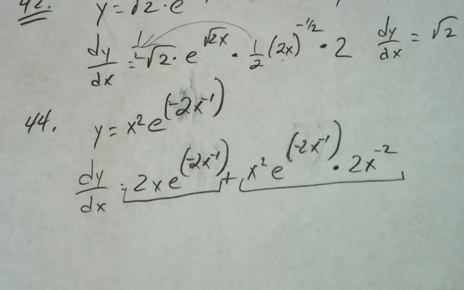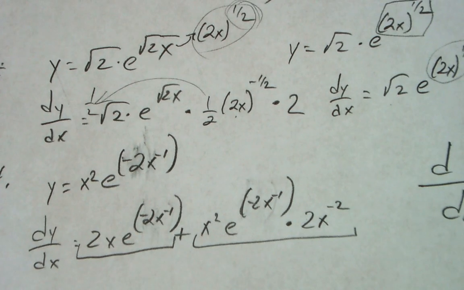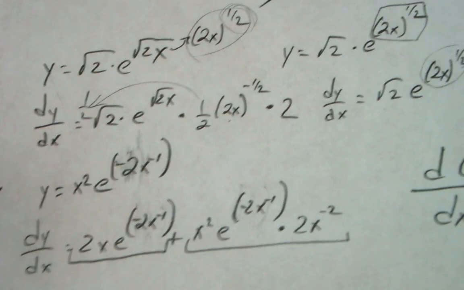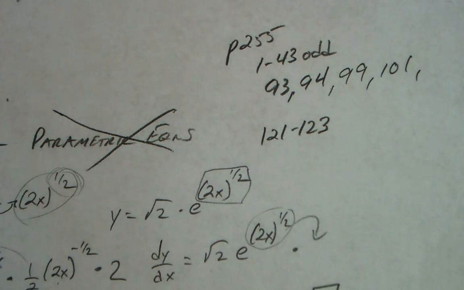Yes? With the one before, since there was a function inside, you multiplied by 2. Why didn't you do that for this one? These are great questions. I'm going to try and colorize this a little bit.